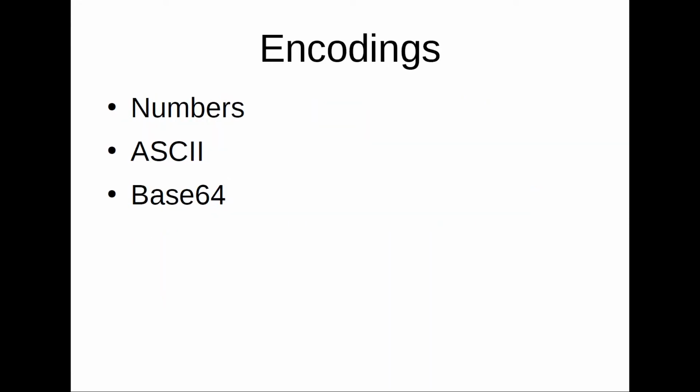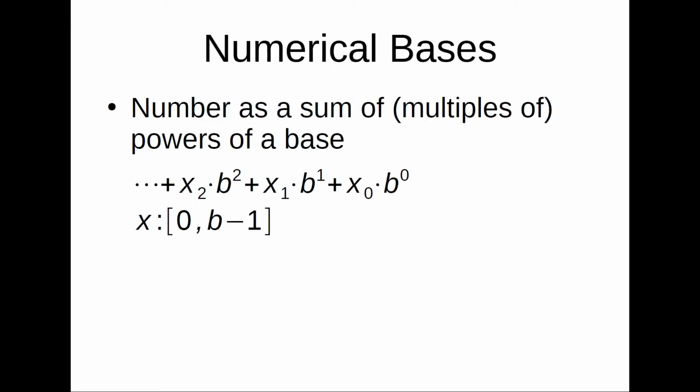All right, so the first thing to cover with regards to crypto is just basic encoding schemes. And the most basic of that is just numerical bases. A numerical base is just a way to represent the concept of a number, and it's a sum of multiples of the powers of a base.